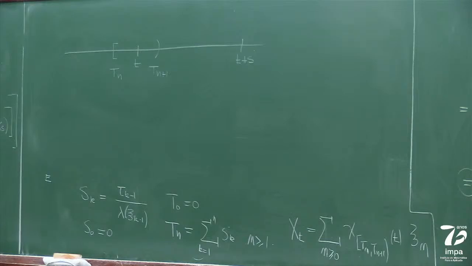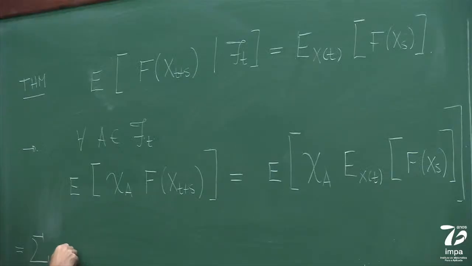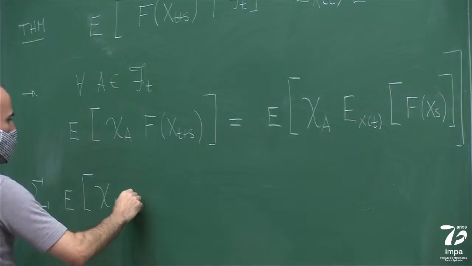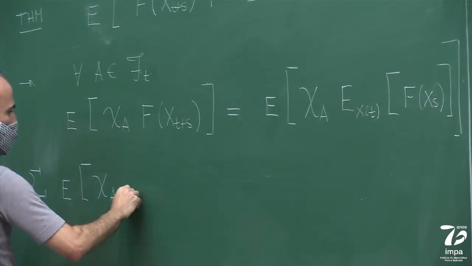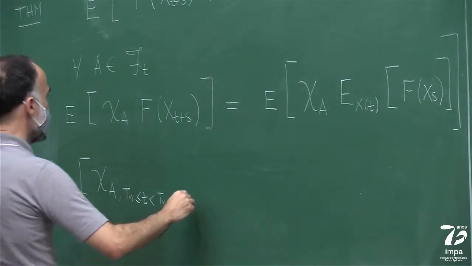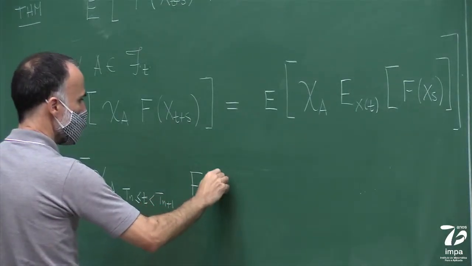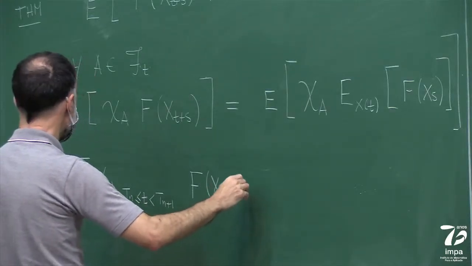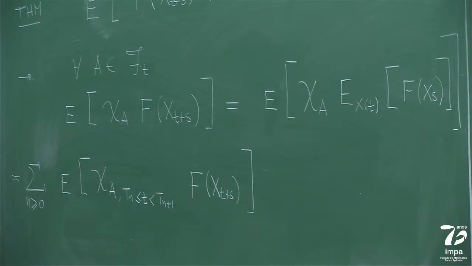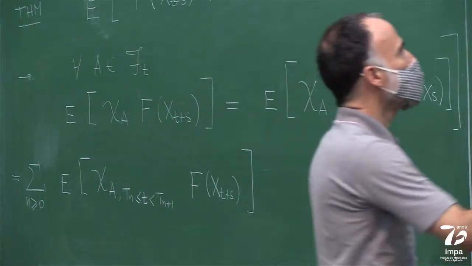So I will rewrite this expectation as a sum for n larger than 0 of the expectation of A, then the fact that Tn is less or equal than t, less or equal than Tn plus 1, and then I have X_{t+s}.